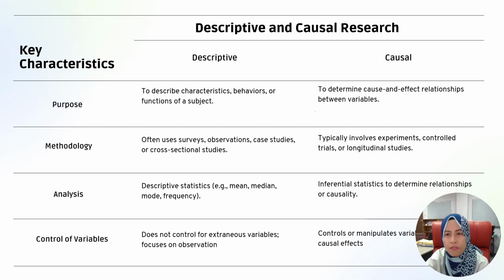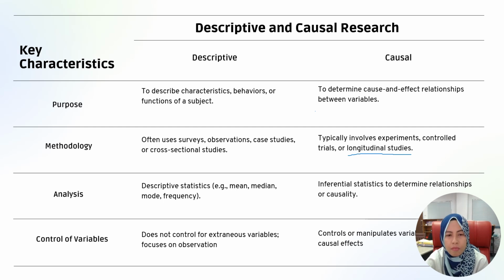What is the cause and effect of those variables? Normally descriptive research uses observation, survey, case study, cross-sectional studies, but causal research normally will involve experiment, because you can vary the variable and also set a control variable, and it is normally used in longitudinal study, because you want to see the effect after some time.